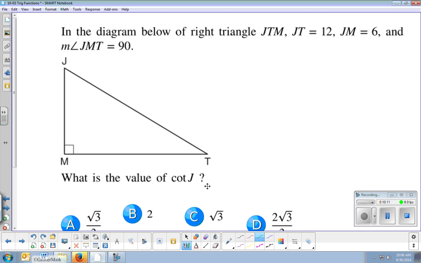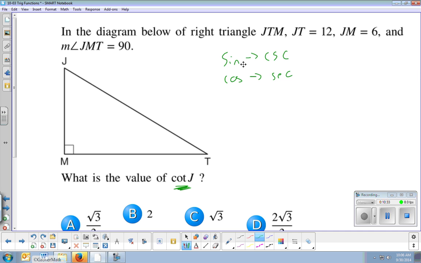This last one is talking about cotangent. And so I just want to remind you that the reciprocal of sine is cosecant. The reciprocal of cosine is secant, which is kind of opposite of what you would guess.